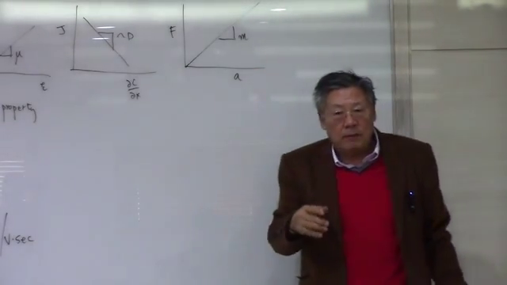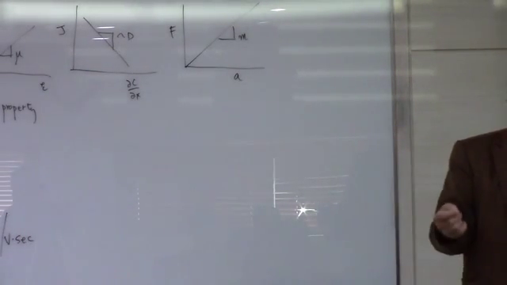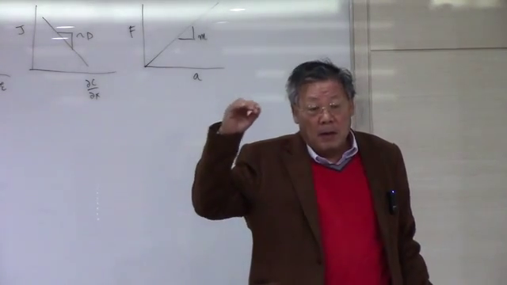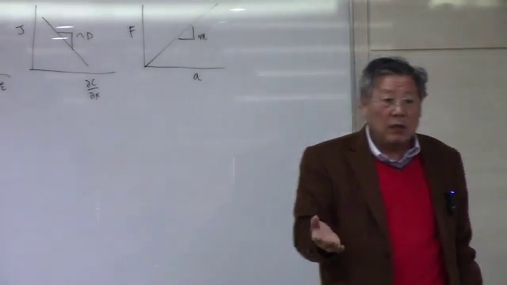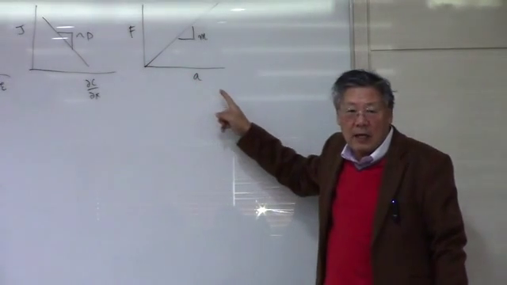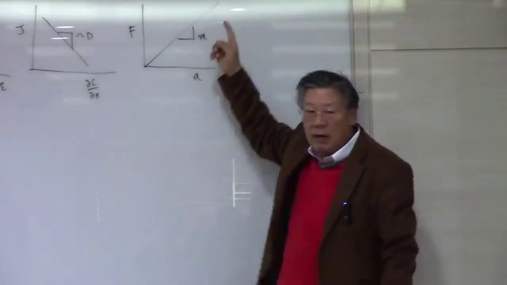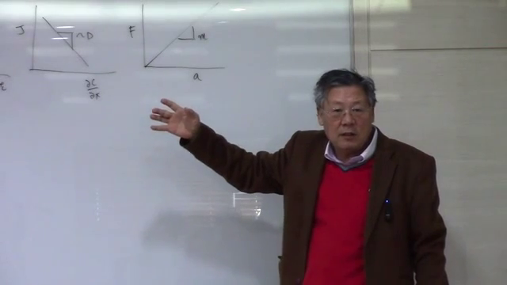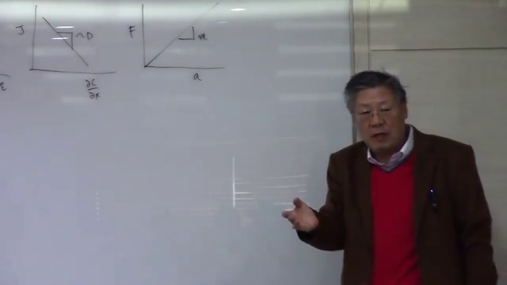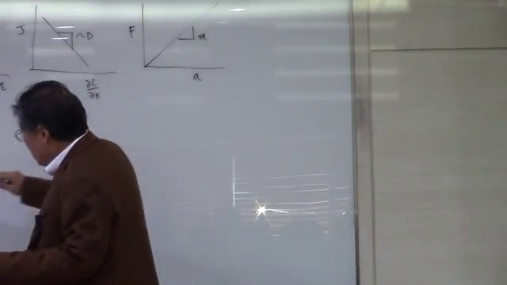For example, if you want to measure the mass of electrons, which is very, very light, there is no means to measure that light mass, right? Now, how do you measure the electron mass? All you have to do is measure the force that the electron feels and the acceleration that we apply. Then you are going to have a straight line. That is the nature. And that slope corresponds to the mass. That's how we determine the mass of electrons, which is unmeasurable. Anyway, so that is the mobility.